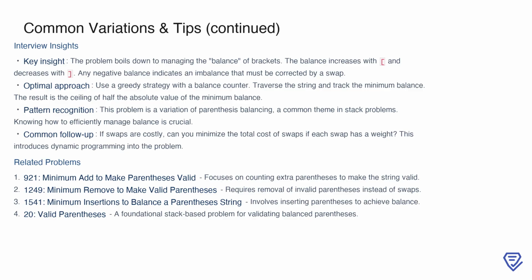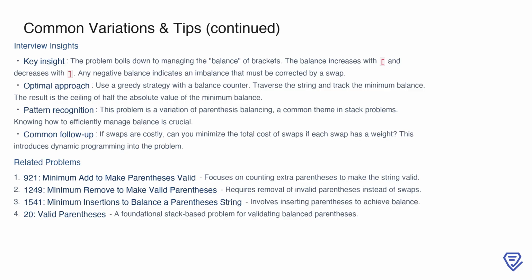Recognizing patterns is also crucial, as this problem is a variation of the classic parenthesis balancing problem, a common theme in stack-based questions. Interviewers may also ask follow-up variations, such as minimizing the total cost of swaps when each swap has an associated weight. This shifts the problem into the realm of dynamic programming.